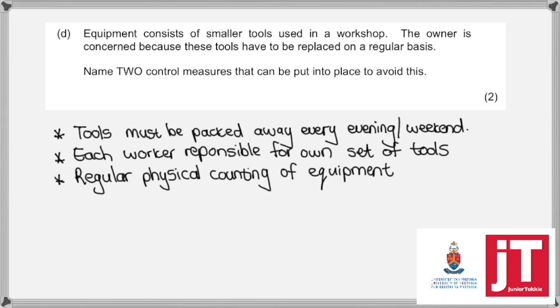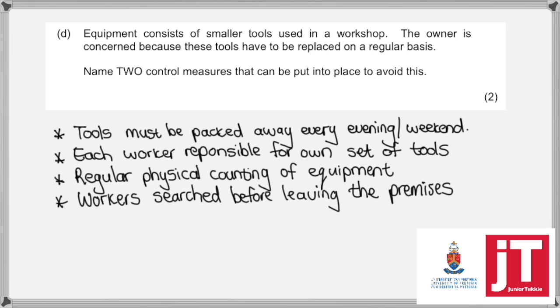Make sure that regular physical counting of equipment takes place so that we can see if there's anything missing. Make sure workers are searched before leaving the premises. They should not be allowed to take the tools home. The tools should be used for business purpose only, and it must stay on the premises.